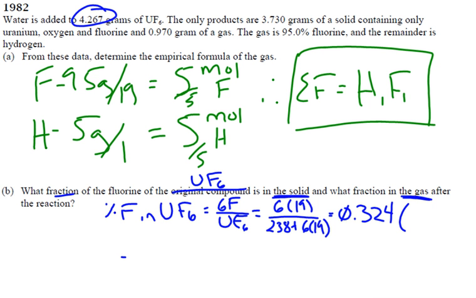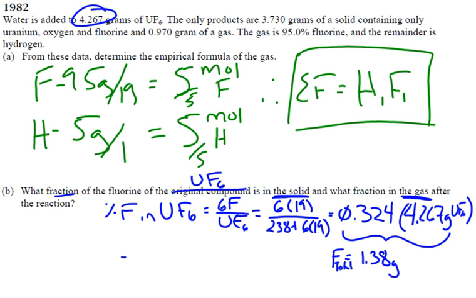So we're going to take the original sample's mass, 4.267 grams of UF6, and figure out how much fluorine we originally had. Multiply these together, and the total amount of fluorine was 1.38 grams of fluorine in the original sample.